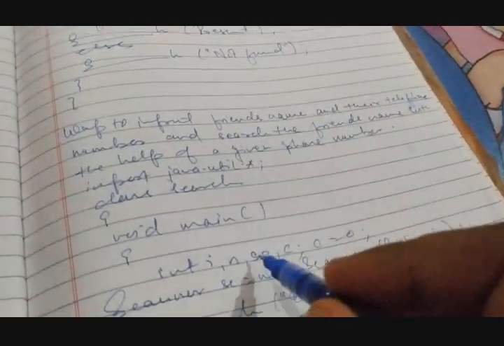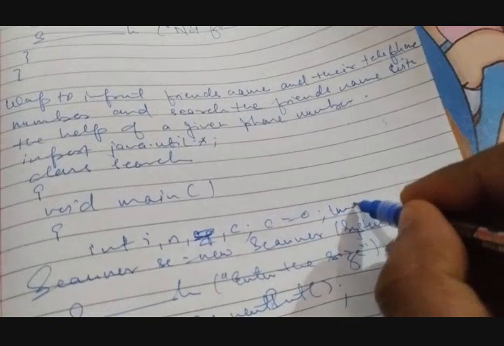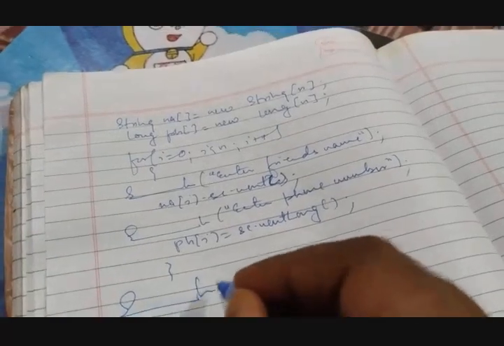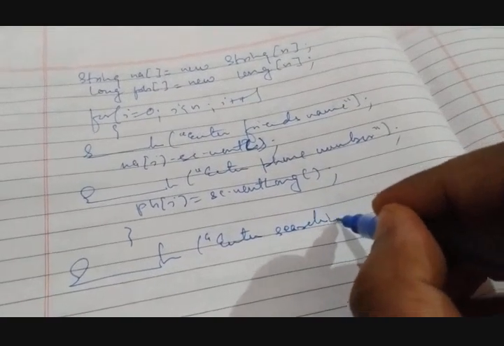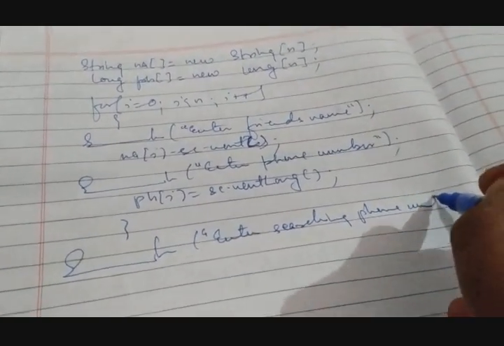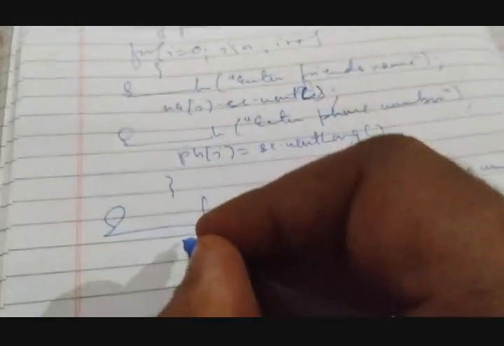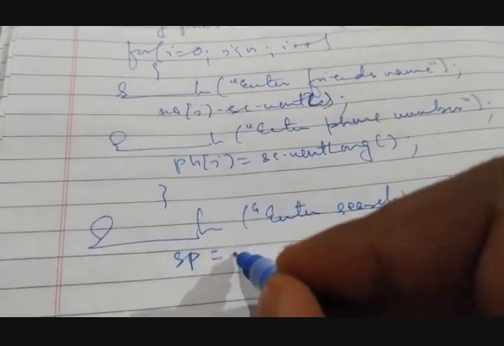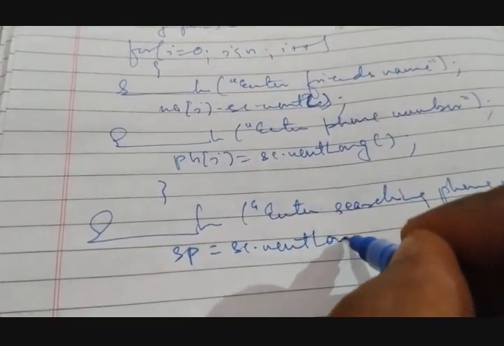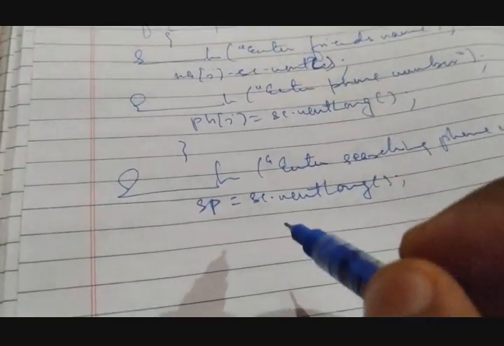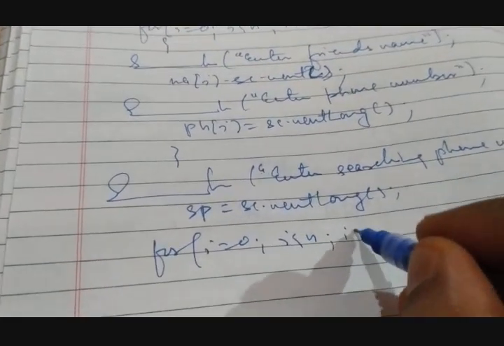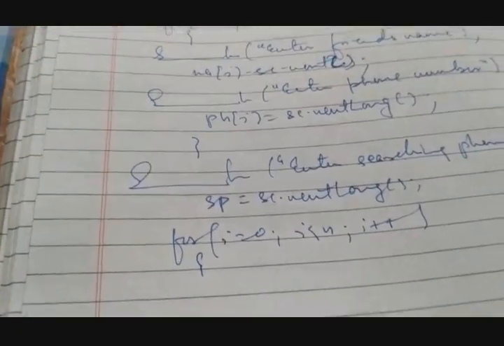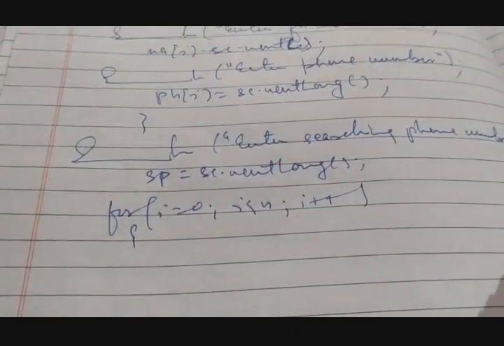Now the searching phone number should be long searching phone. So enter the searching phone number. Searching phone number equals to sc.nextLong method. For i equals to 0, i less than n, i plus plus.